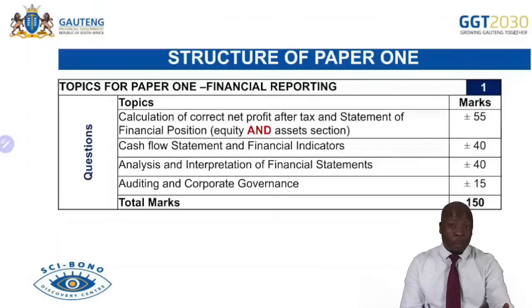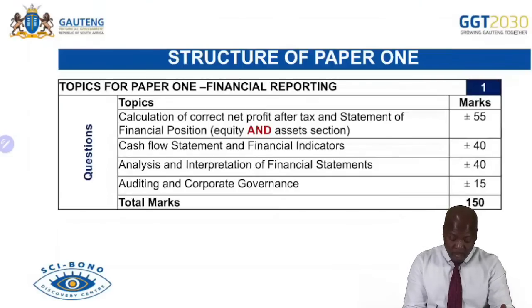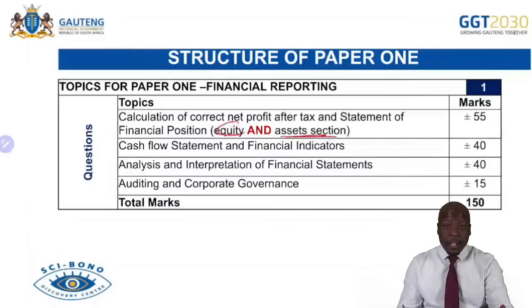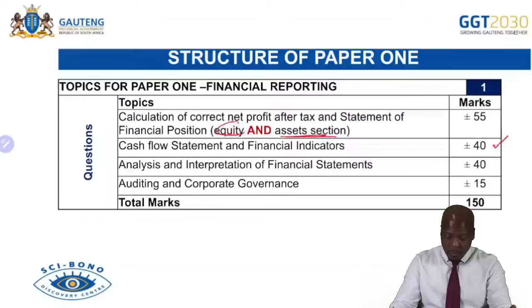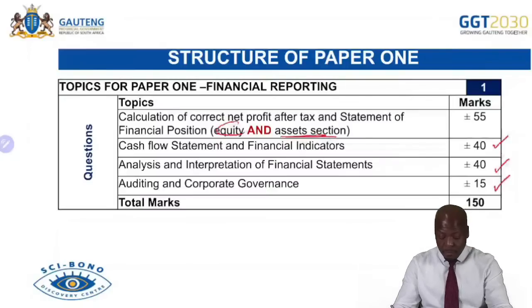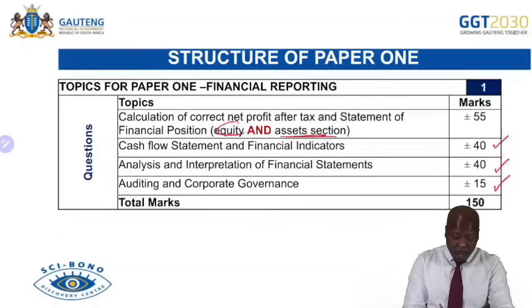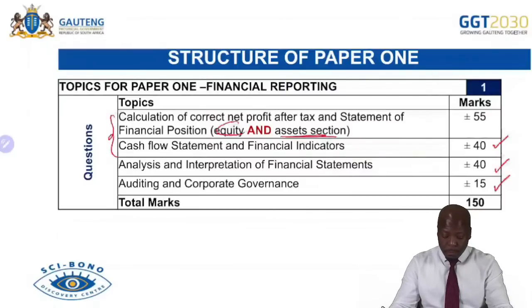And in the statement of financial position, you can be asked to complete either the equity section or the assets section. The section that we're sure is going to come would be your cash flow statement, and then the analysis and interpretation of financial statements, and also auditing and corporate governance. So in today's class, I'll focus on these main two first.